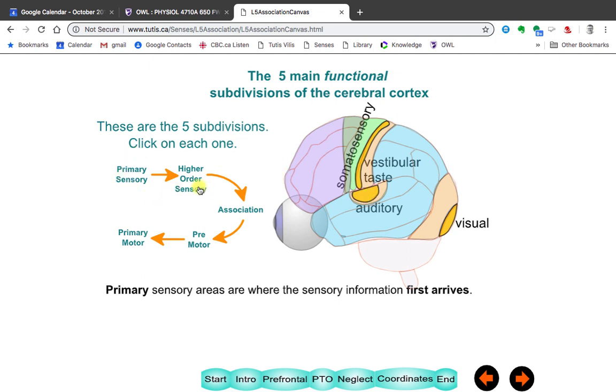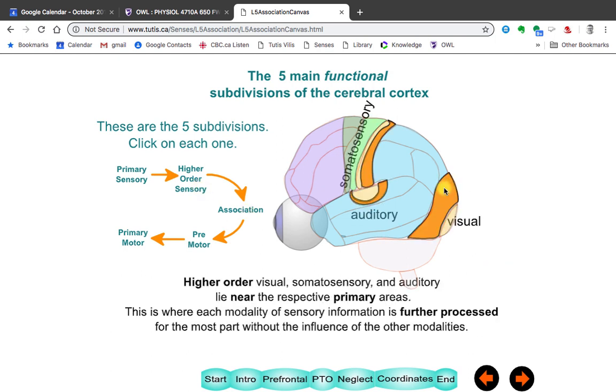Now, we found out that besides V1, we have higher order visual areas, V2 and V3. Well, similarly for these other senses, behind the primary somatosensory cortex, you have the secondary, and around the primary auditory cortex, you have the secondary.